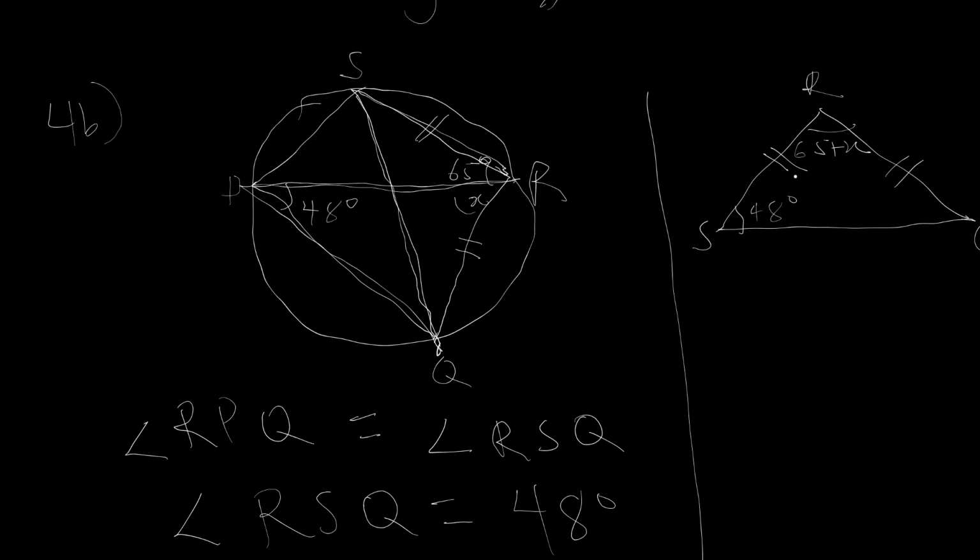Now, this is an isosceles triangle, and so angle RSQ should be equal to angle RQS. We know that the base angles of an isosceles triangle are equal. So angle RQS should also be 48 degrees.